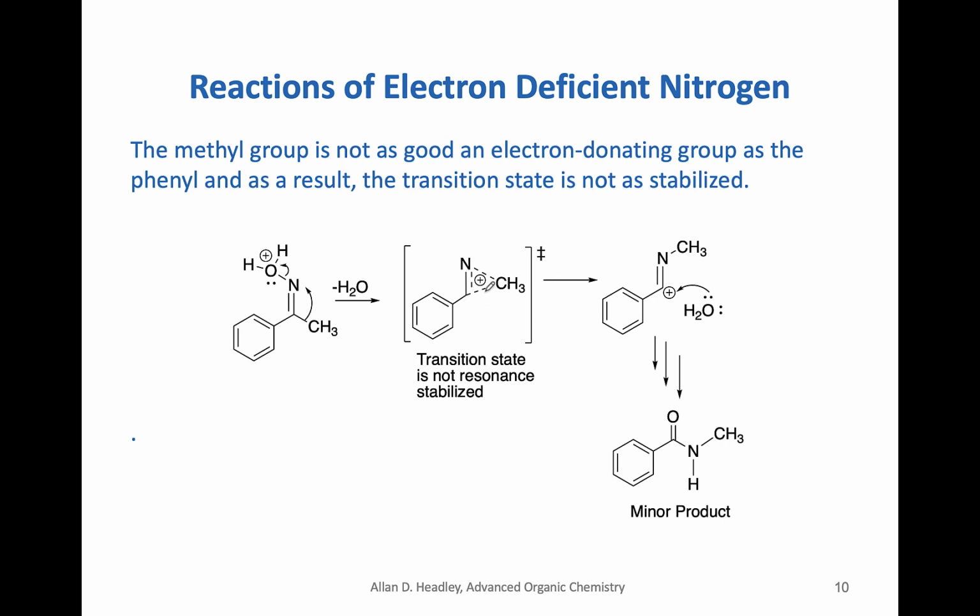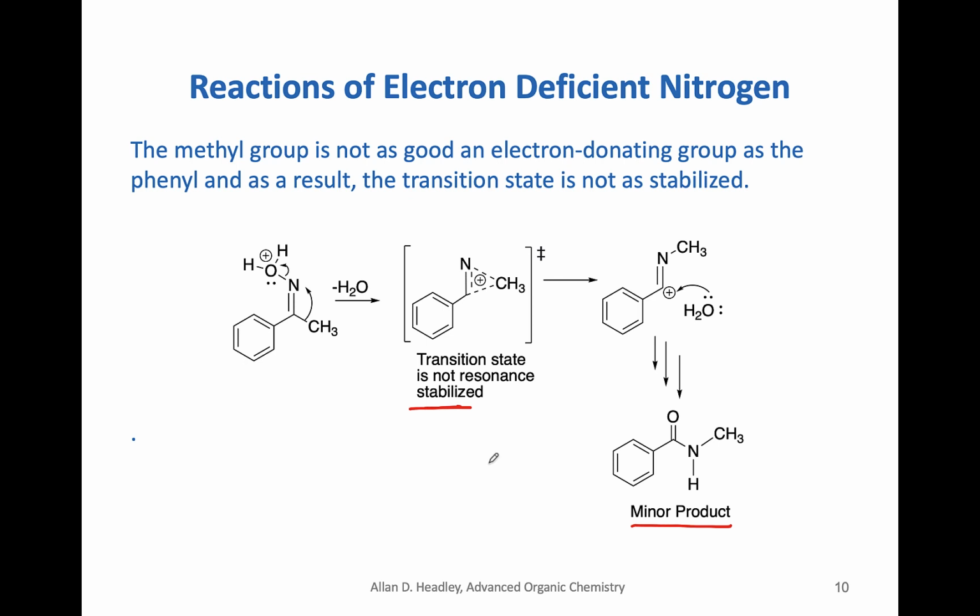As you can see here, this positive charge is not resonance stabilized, so it's not as stable as the previous transition state for the concerted migration in the RDS. So what happens here is that since this is not as stable, it results in the minor product.